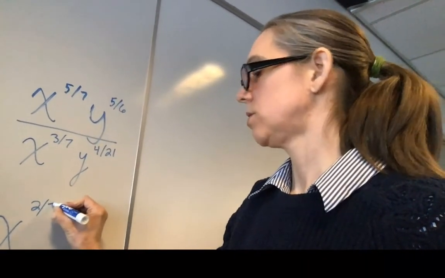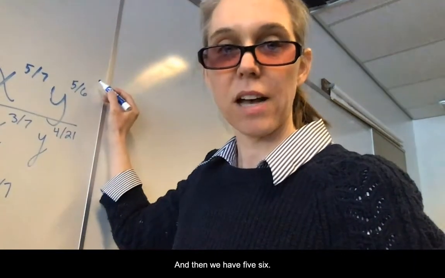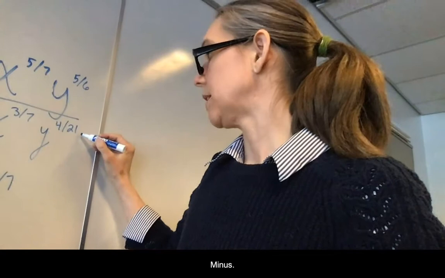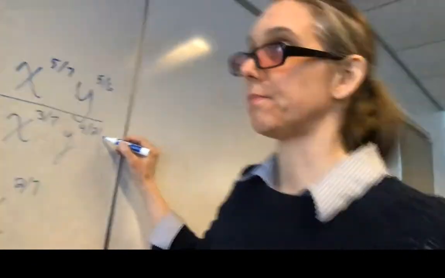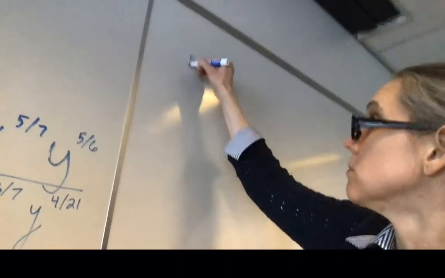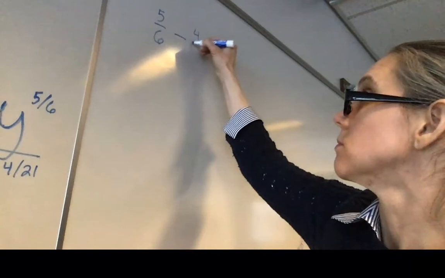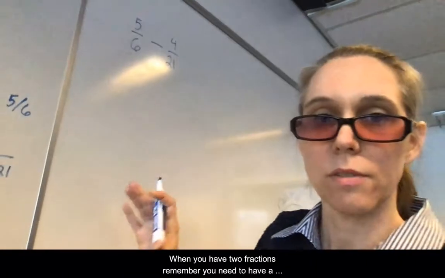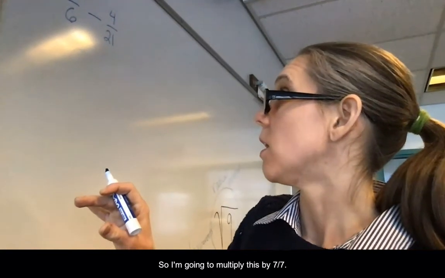5/7 minus 3/7 is 2/7. Okay, and then we have 5/6 minus 4/21. That's a little trickier. When you have two fractions, remember you need to have a common denominator.